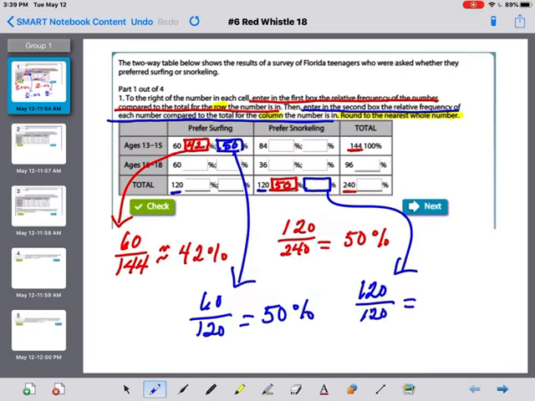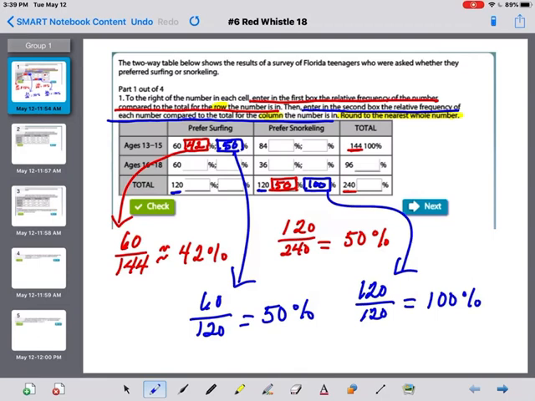So when I divide that, I'm going to get 1, which is 100%. So all of what I have in blue, all of those blue boxes, the second box in each category, are going to be the number in that box divided by the total for the column. So you just have to be careful with what you're dividing by.